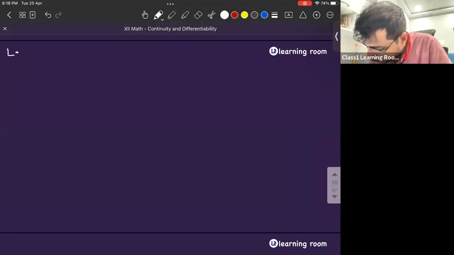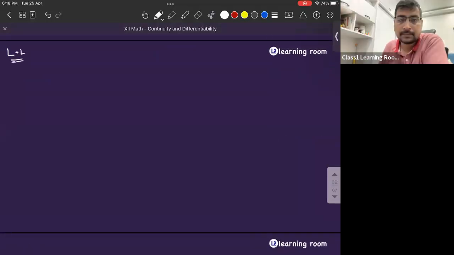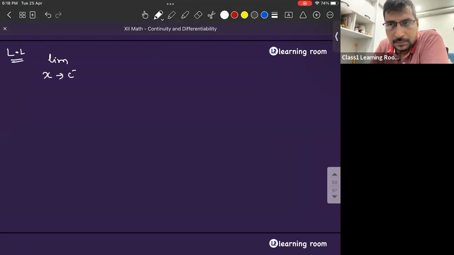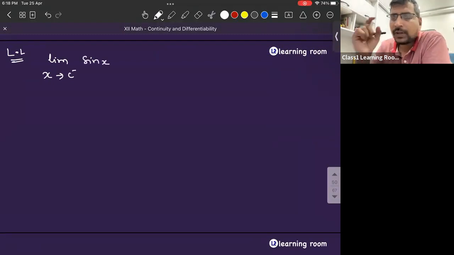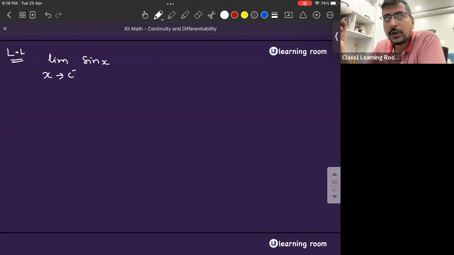See, if you take the left limit, let me take a number c with a minus. Limit x tends to c minus of sin x. Whenever you write like this, the detailed way of solving this is you need to shift this x to h.